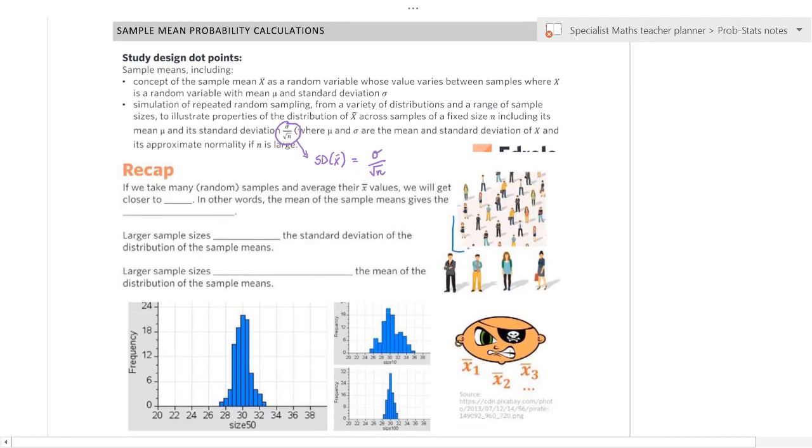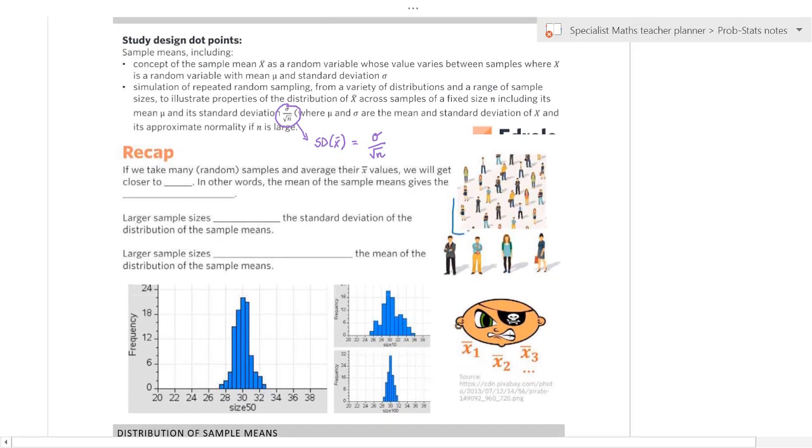All right, and if we take many random samples and average their values, their sample means, we will get closer to the population mean. In other words, the mean of the sample mean gives the population mean.